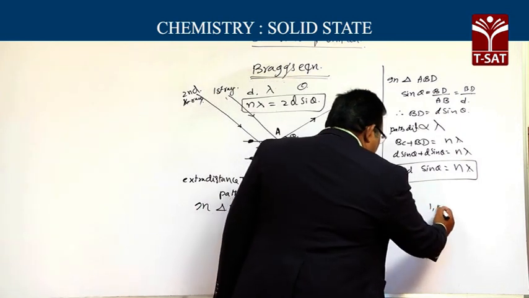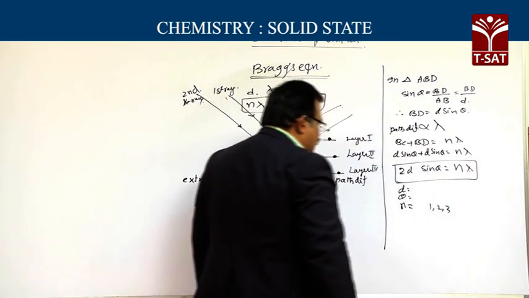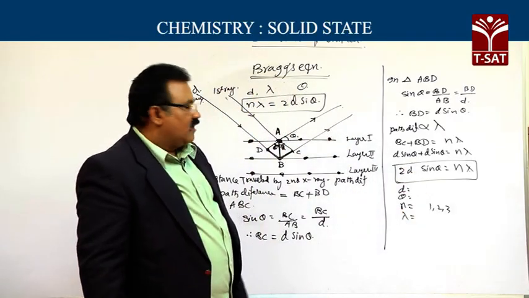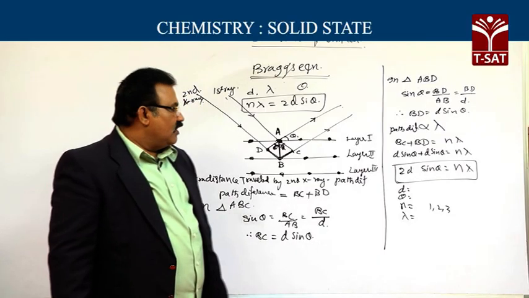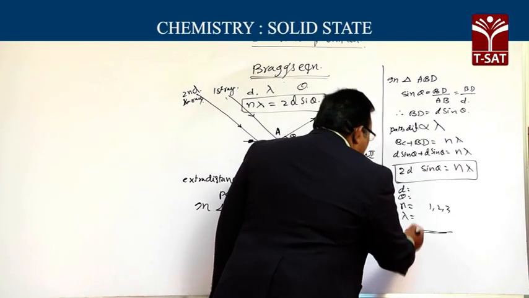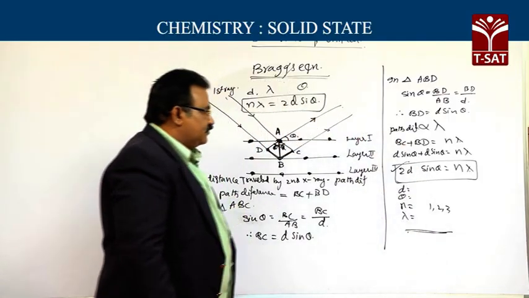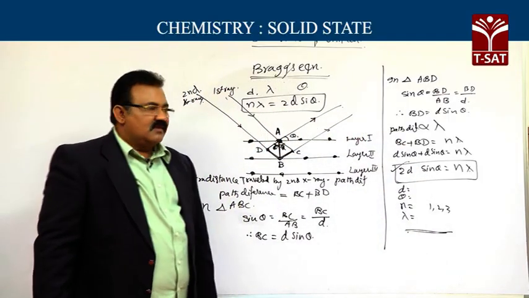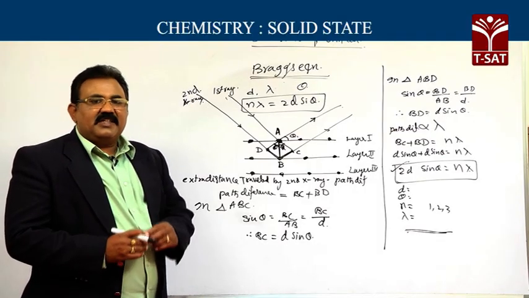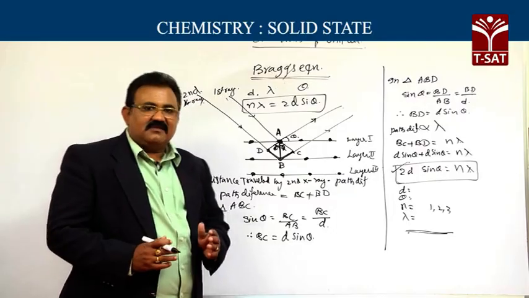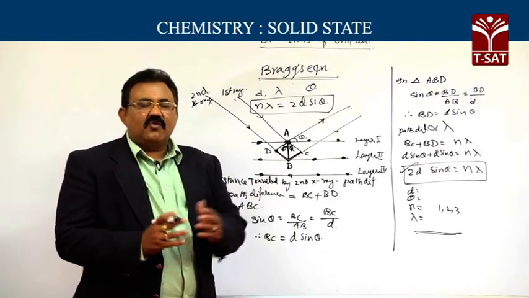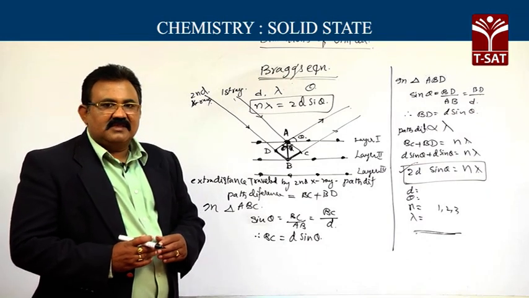It may be first order, second order, third order of diffraction, and lambda is the X-ray wavelength. So this relation gives an idea about the interplanar distances in the crystal. This will lead us to study close packings and so on.